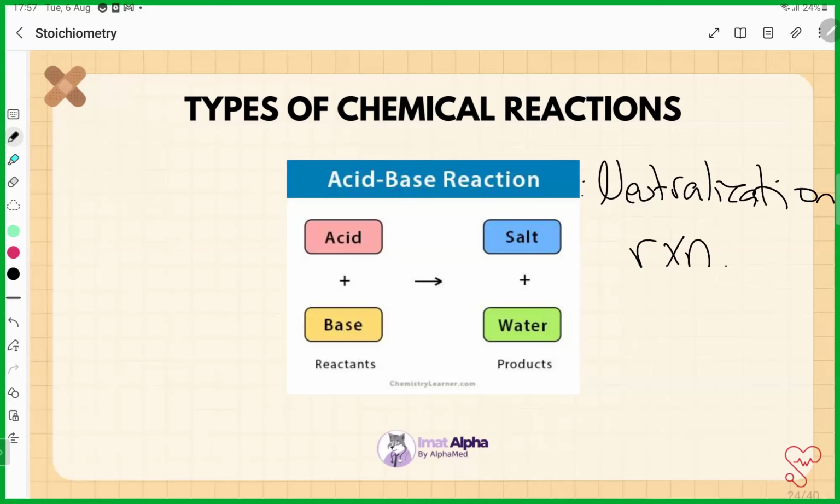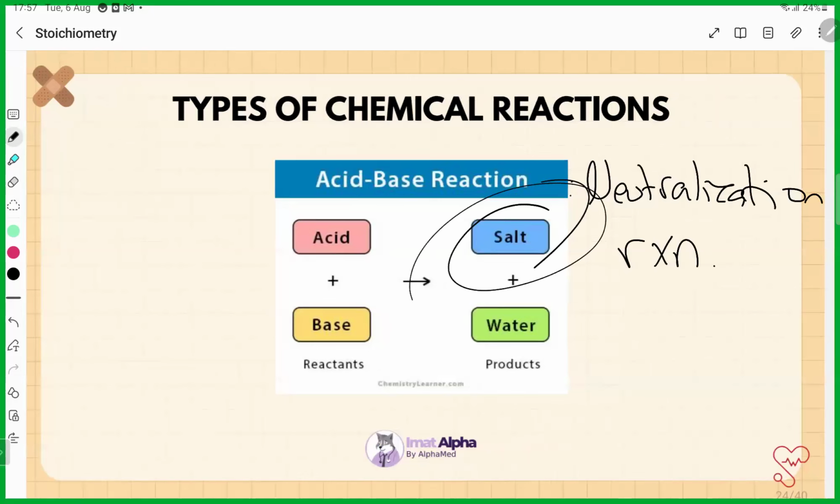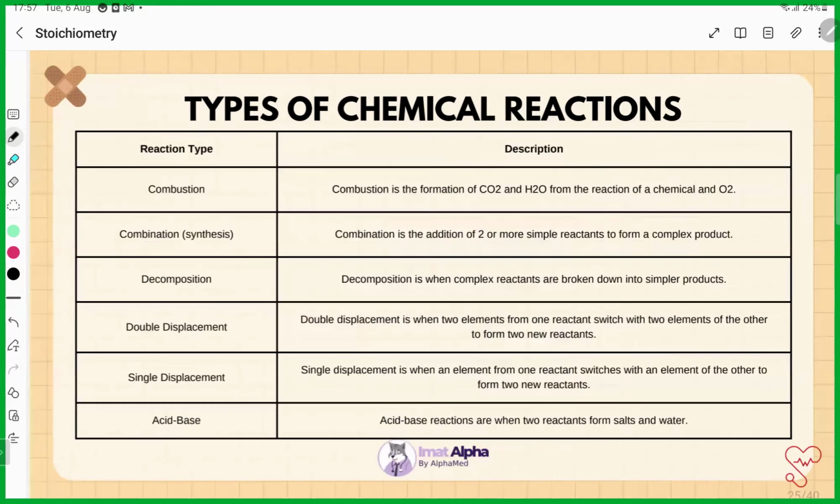Reaction type, combustion: formation of carbon dioxide, water, and heat. Combination reaction. Combination is the addition of two or more simple reactants to form a complex product.